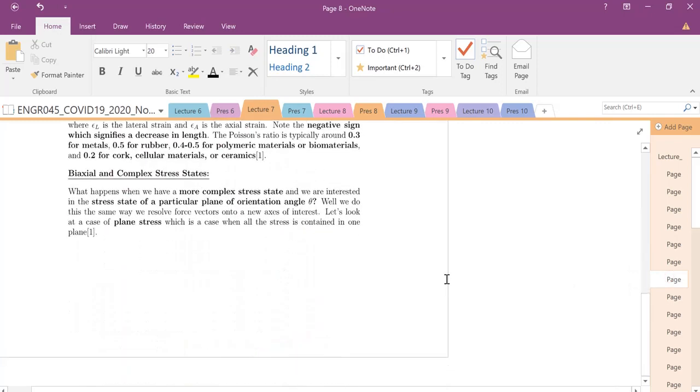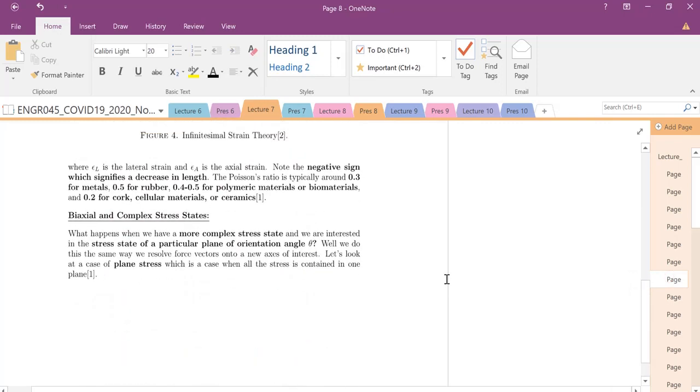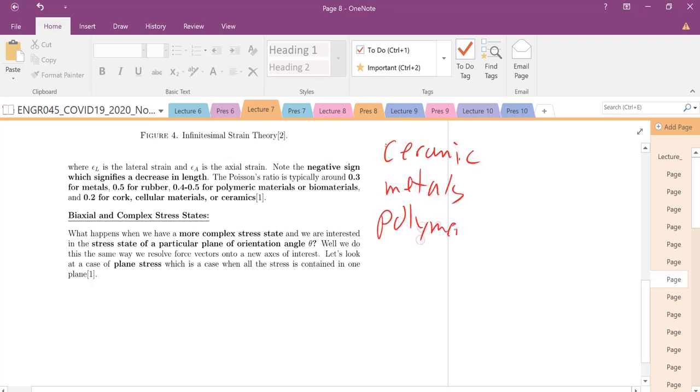There are some critical values here if you're working with ceramics, metals, and polymers. Remember, nu is equal to minus epsilon lateral over epsilon axial.